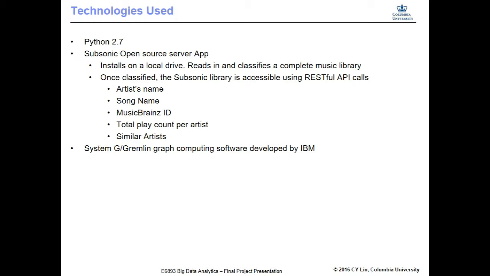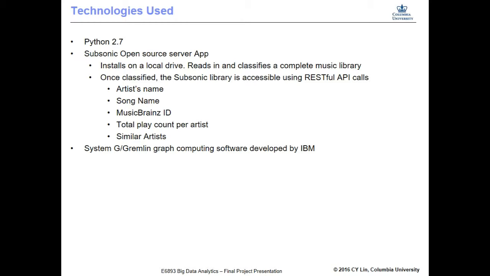RecoSonic is written in Python 2.7, and it is built and integrated with the Subsonic open source music streaming app. Subsonic is a streaming app that installs on your local drive. It reads in and completely classifies your music library.